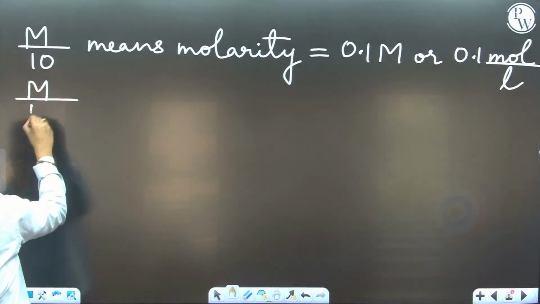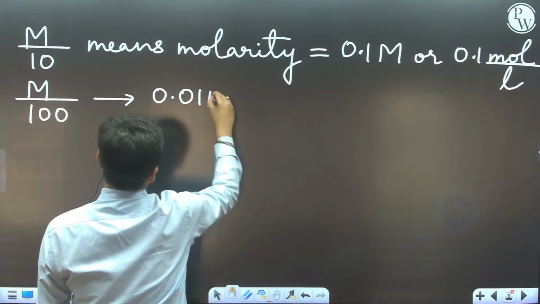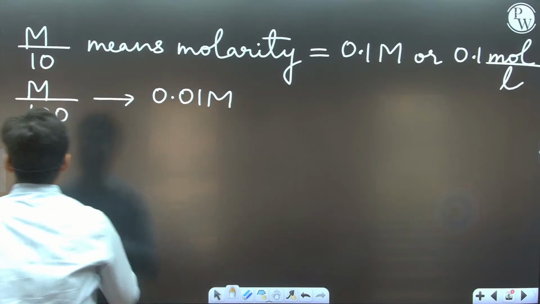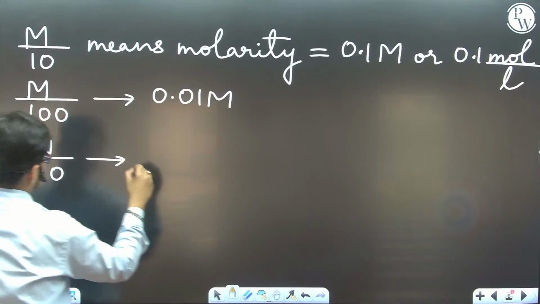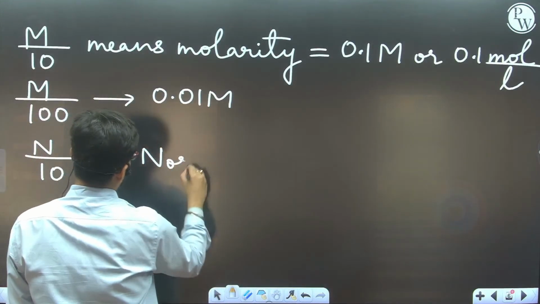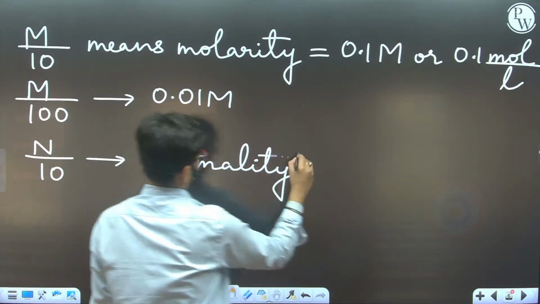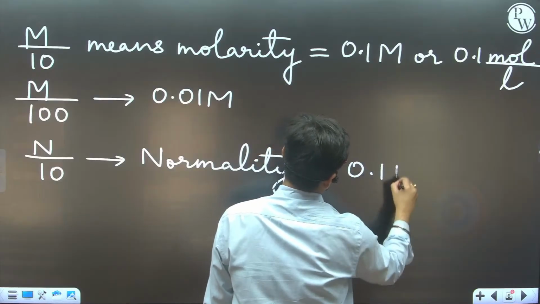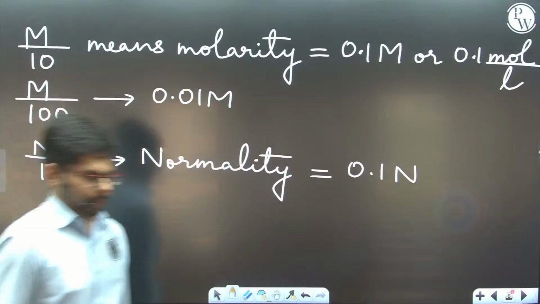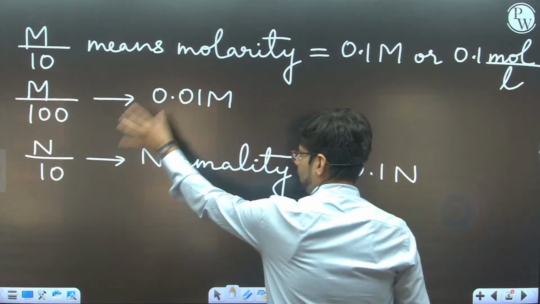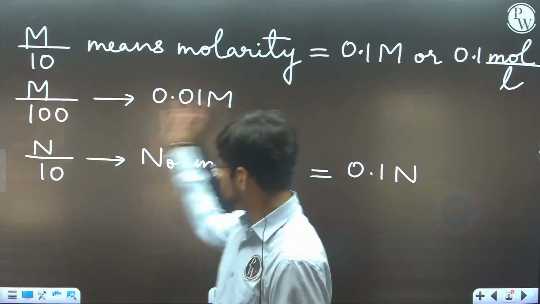Likewise, M upon 100 would be molarity is 0.01. N by 10 would mean normality is 0.1, and so on. Okay. Sometimes people get confused looking at these. So these are common. So don't get confused.